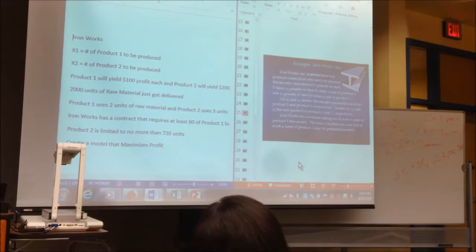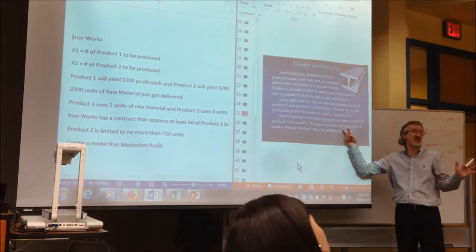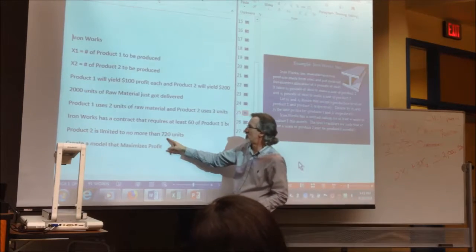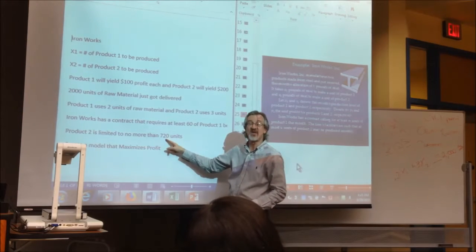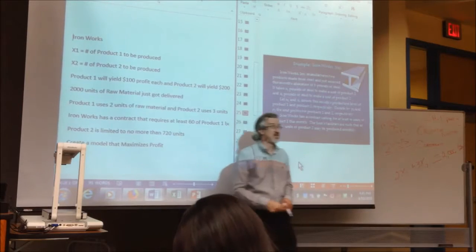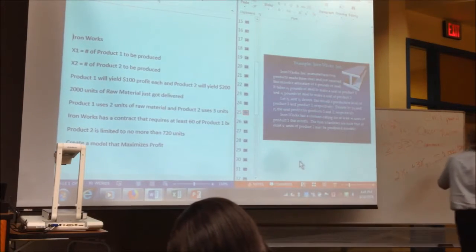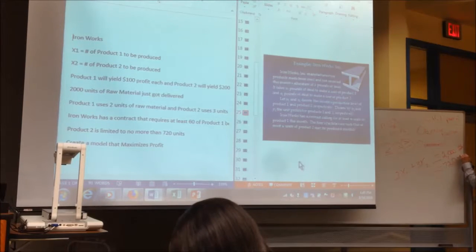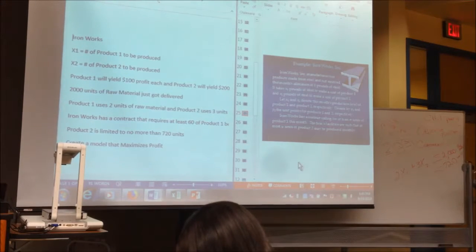The first facilities are such that the most blank units of product 2 may be produced monthly. It's something to do with a facility capacity of product 2, and product 2, no more than 720 units is the capacity. I want to do that one real quick. Less than equal to 720 units of product 2.